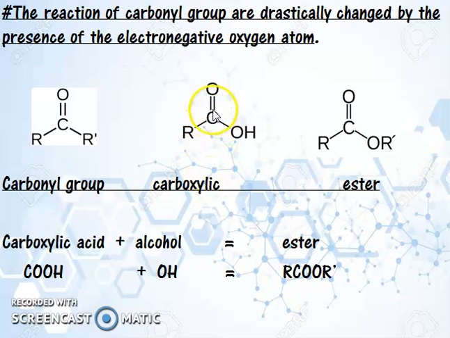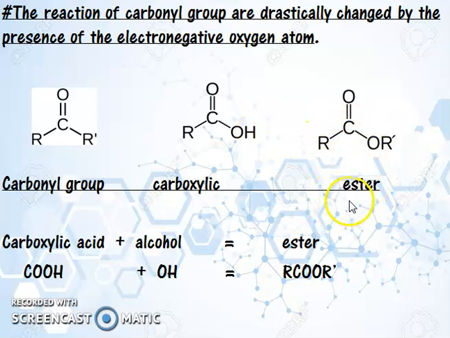Now see, COOH and one alkyl group. So this becomes the carboxylic group, and when the H is replaced with another alkyl group, then it becomes an ester.